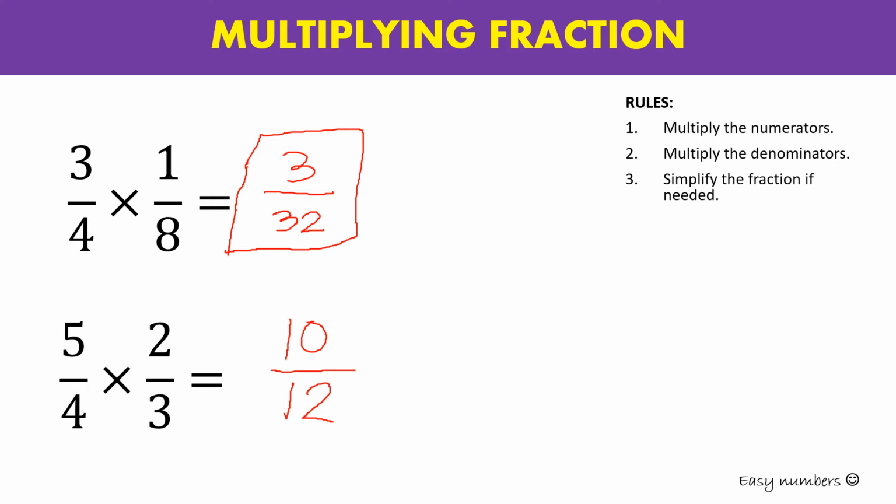So, we're going to have the simplest form of this by dividing by 2, since 10 is divisible by 2 and 12 is also divisible by 2. So, we have divided by 2 over 2, which is equal to 10 divided by 2 is 5, and then 12 divided by 2 is 6. So, therefore, the final answer is 5 over 6.